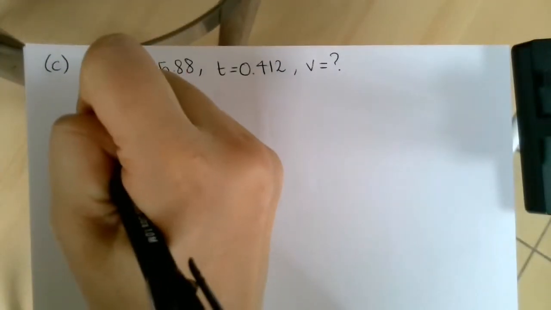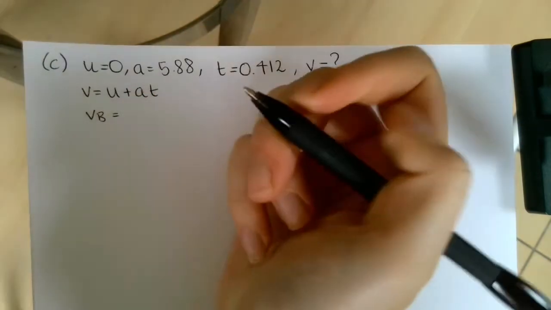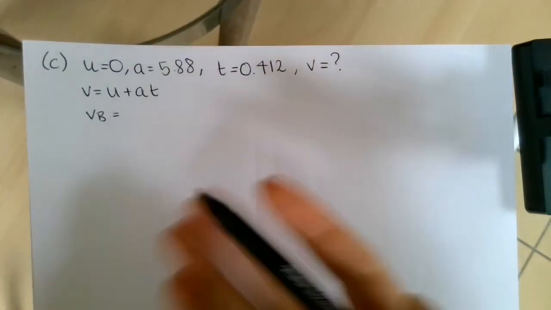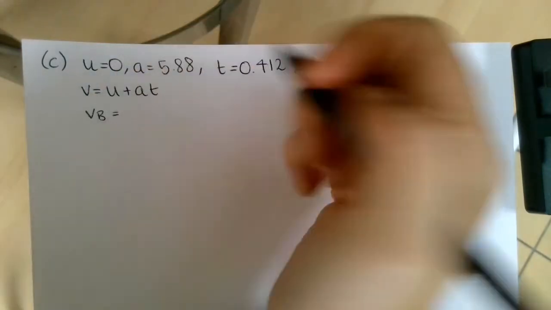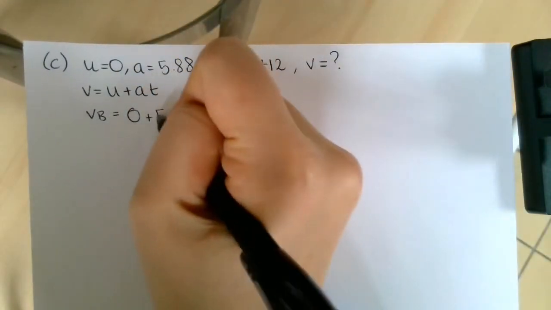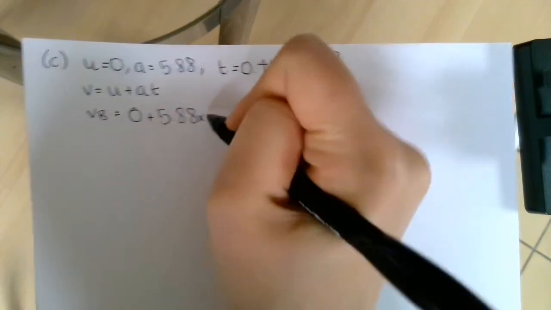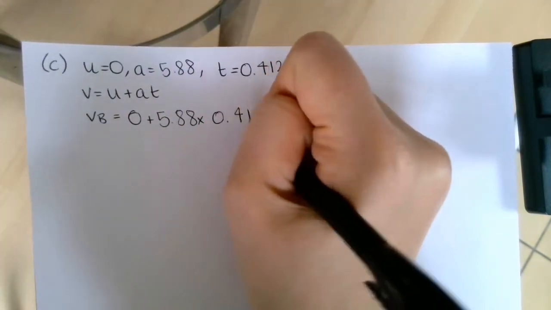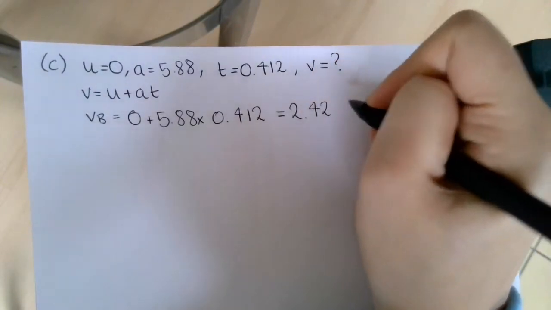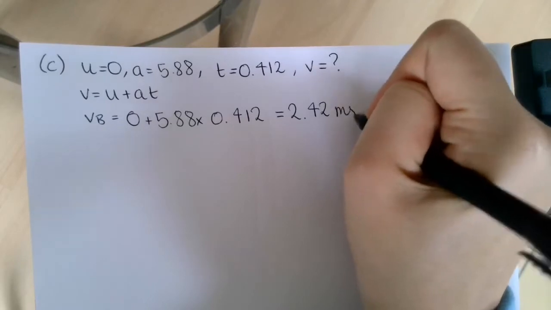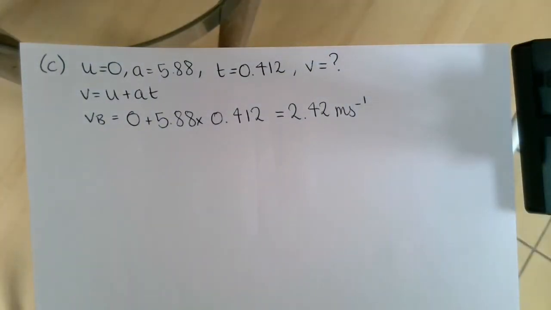The speed of B when it hits the ground, I'm going to write that as VB, just so when I'm finding speeds out later for A, I'm not getting confused. That is equal to 0 plus 5.88 times 0.412, which is equal to 2.42 meters per second.